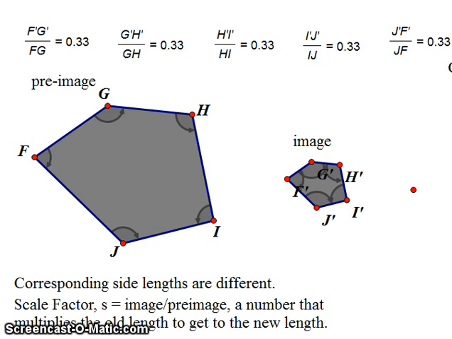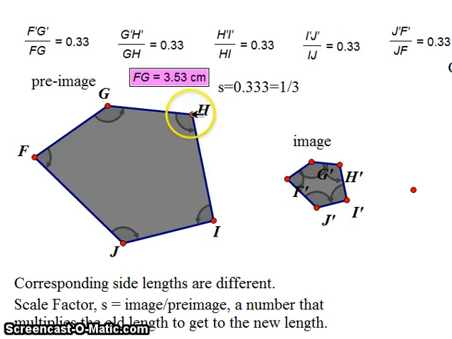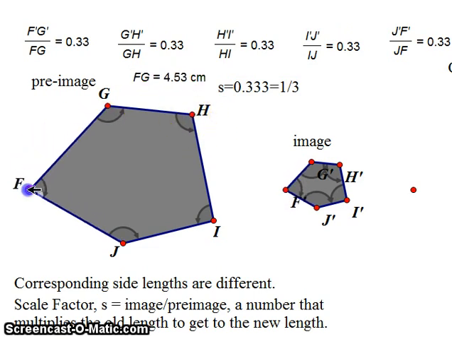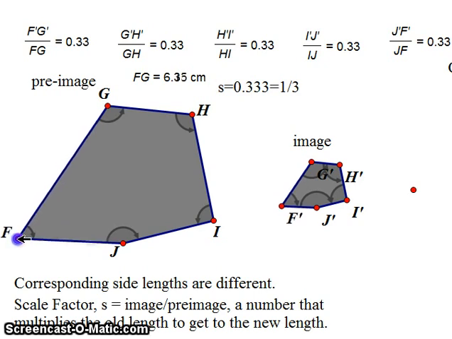So what does that mean? That means if I want to find the new side length, all I have to do is multiply the original side length by 0.33, or by 1/3. Let's say here's my original side length FG. Let me make it a bigger number. Let me make it 6.